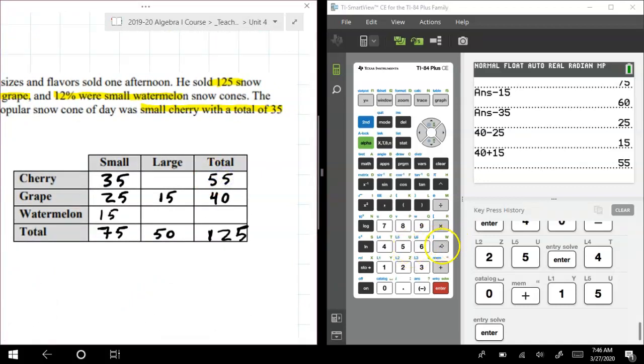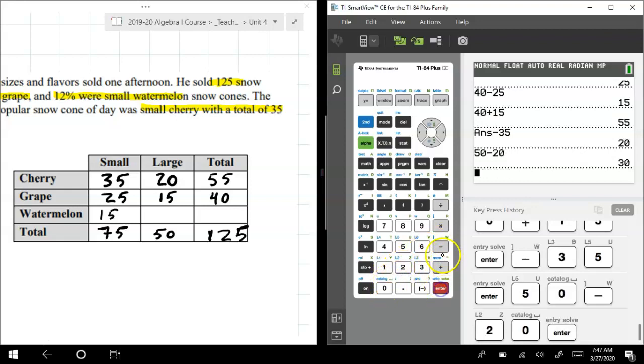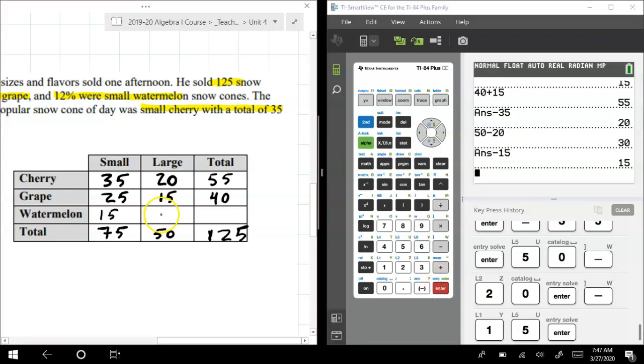And if there are 55 total, 35 small, sorry, I said that wrong, then there are 20 large. And the last two subtractions, 50 total minus the 20 minus the 15 tells us there are 15 large watermelon.